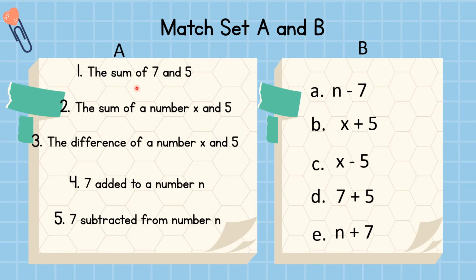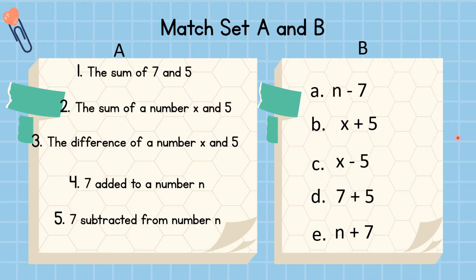Number 1, the sum of 7 and 5. You can find it here. The sum of a number x and 5. The difference of a number x and 5. 7 added to a number n. And 7 subtracted from number n.